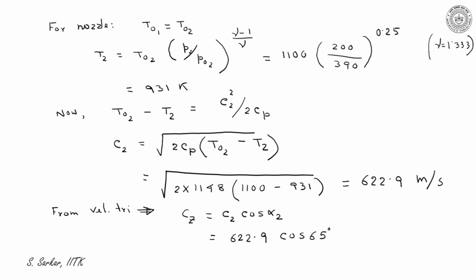If you evaluate, you will get 263.25 meter per second. Please check the calculations. Now after this, I can write again from velocity triangle, C theta 2, that is tangential component of C2, is equal to C2 into sine alpha 2.